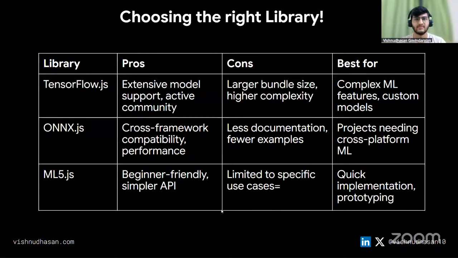Projects that involve cross-platform machine learning, we can go with this. But the community is not very active there, and there are very few examples. We'll have to dig in deeper to stick with this.